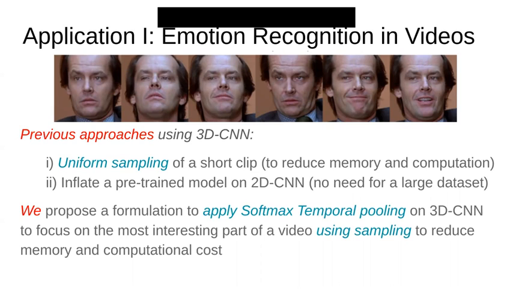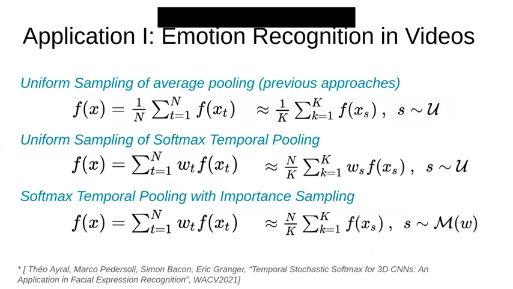Here, I show the three different ways that we could sample in a video. The first way is what I already mentioned, uniform sampling. It's, again, a kind of Monte Carlo, where the sampling is uniform, and with a few samples we can still estimate the global average pooling of a video.